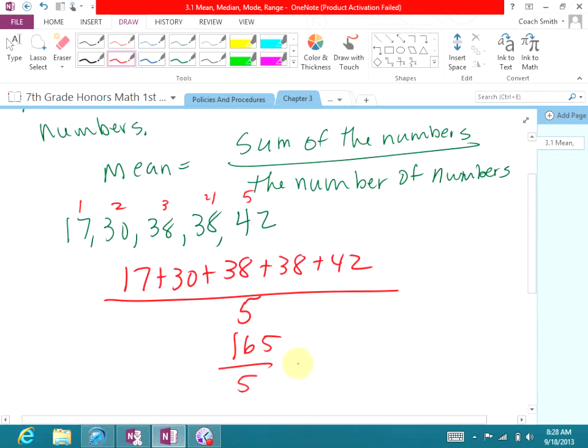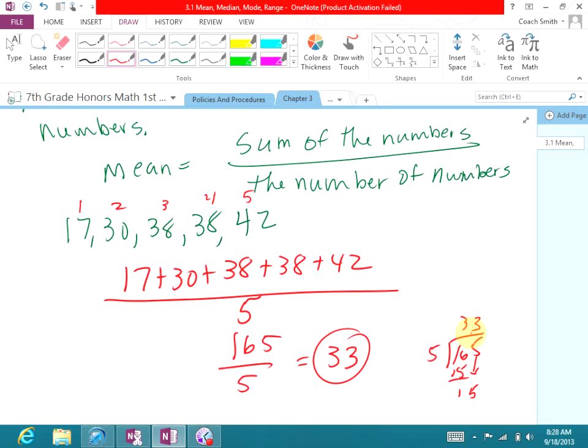Sounds right. 33. If you divide 5 into 165, that'd be 3, 15, 1, bring down the 5, be 33 times. Okay, so that's how you find the mean. Add up the numbers and then simply divide by the number of numbers that you have.